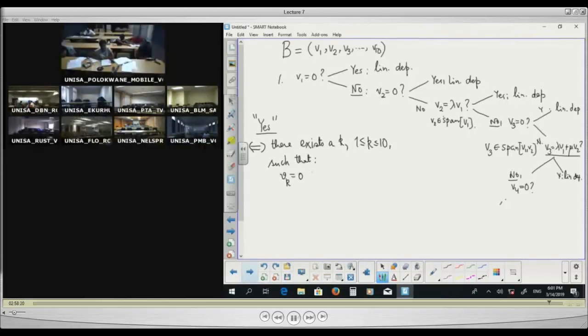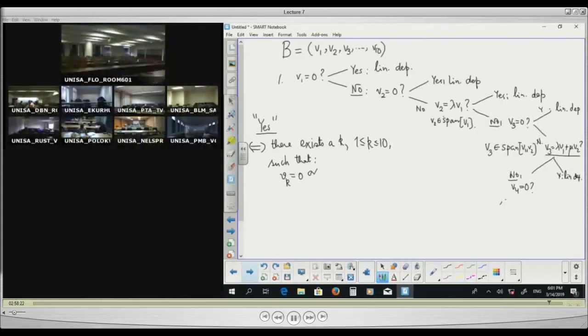So that's my proposal. So yes means linearly dependent, right? Yes, sir.